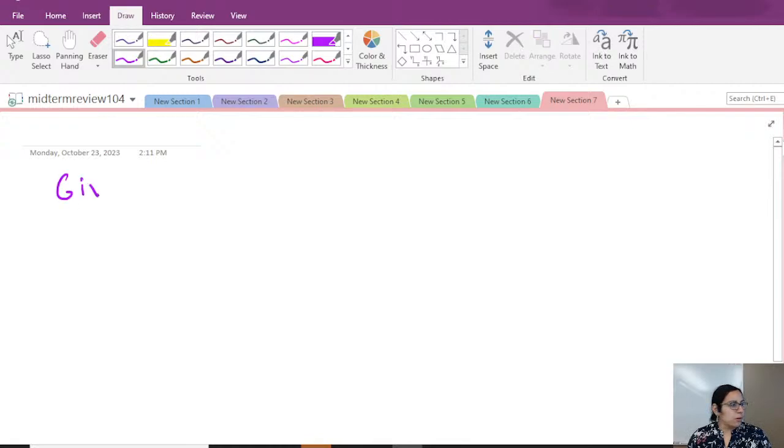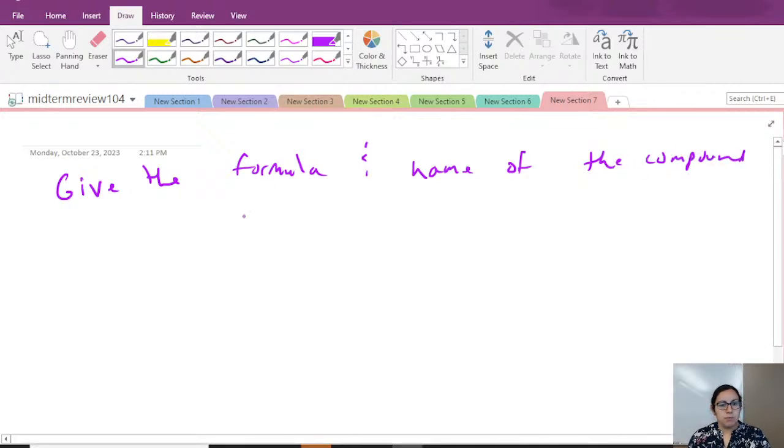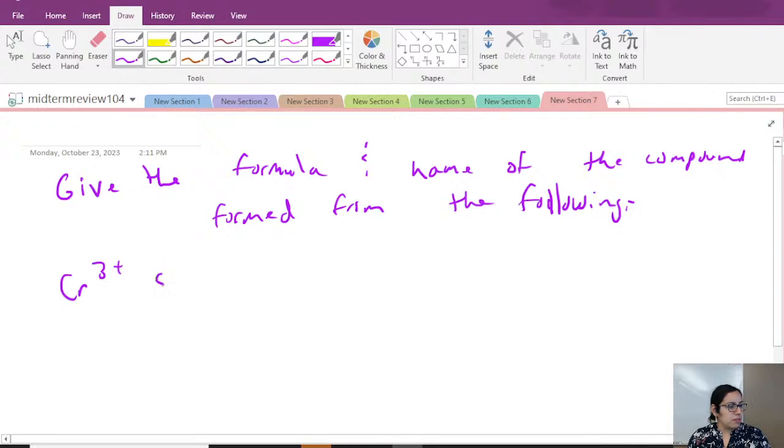The way it's worded is: give the formula and name of the compound formed from the following. So we'll say chromium 3 plus and phosphorus.